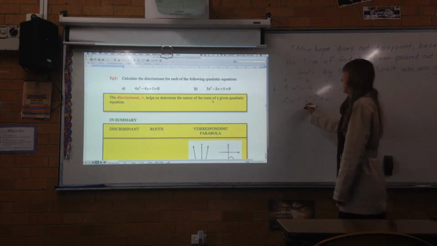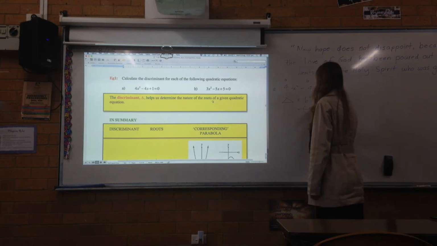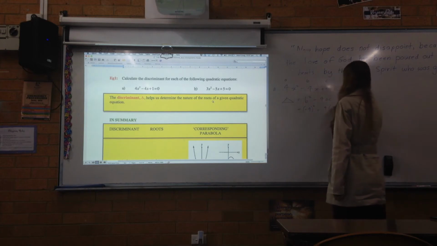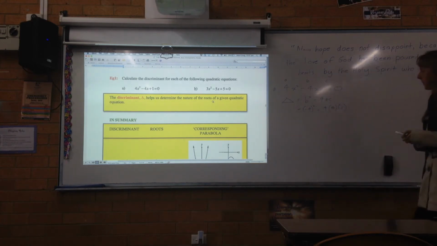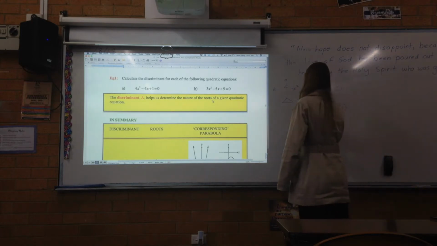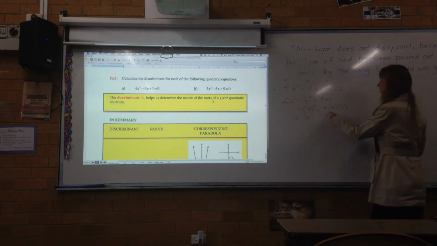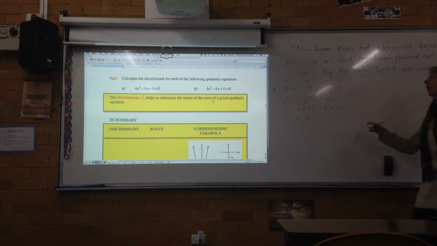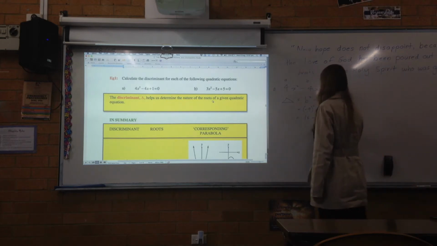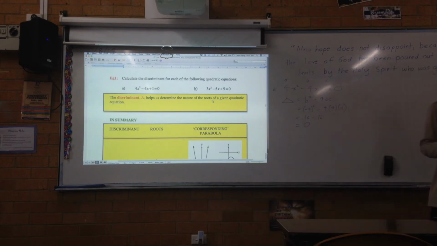In this case, b is negative 4, so we have negative 4 squared minus 4 times, well, a is 4, c is 1. Negative 4 squared becomes positive 16. So we have 16 minus, well 4 times 4 is 16 times 1 is 16, minus 16, so the discriminant here is 0.